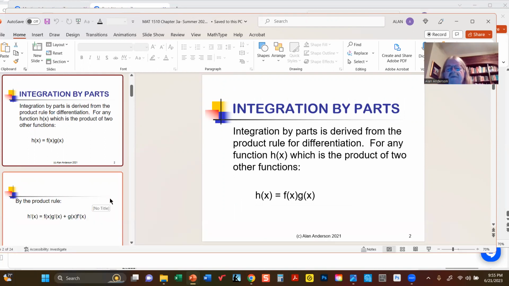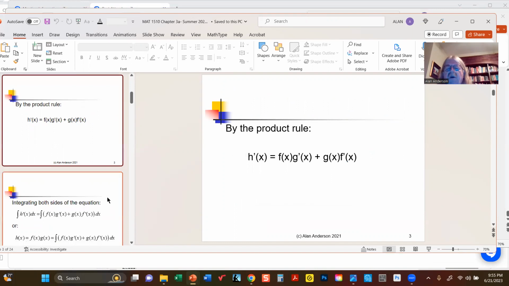All right, so you probably remember the rule, which I just want to mention there are different ways of expressing it. This is the way that I memorized it when I first started out in calculus. So what you've got is the first times the derivative of the second plus the second times the derivative of the first, or h prime of x equals f of x g prime of x plus g of x f prime of x.